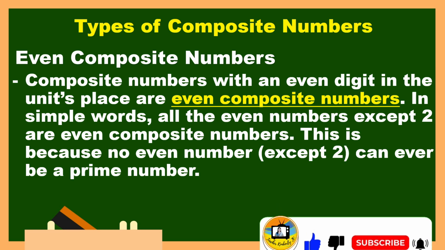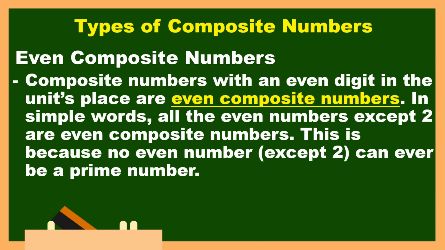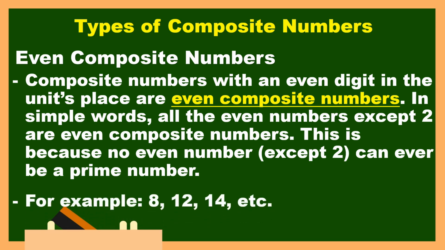So, lahat ng composite numbers na merong even digit in the units place ay ang tinatawag nating even composite numbers. Sa madaling sabi, lahat ng mga even numbers maliban kay 2 ay ang even composite numbers. Halimbawa niyan ay 8, 12, 14, and etc.